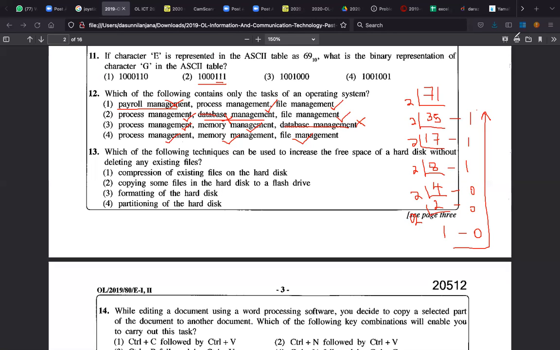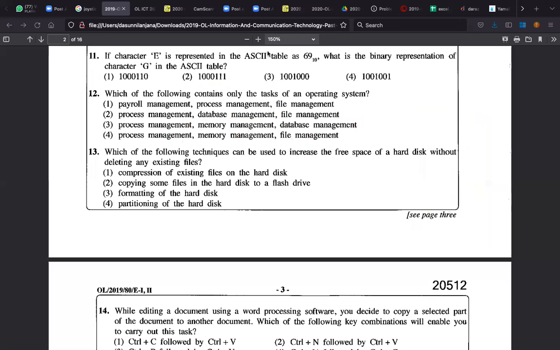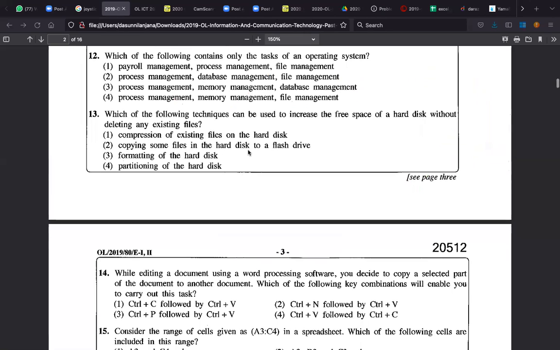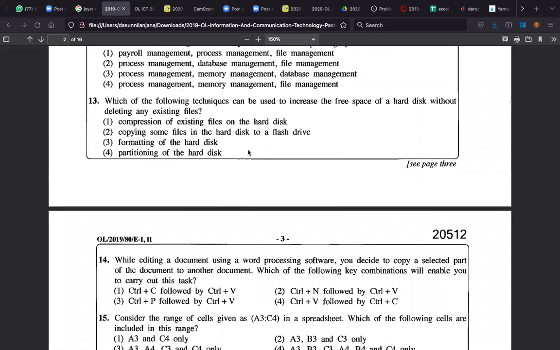Okay, let's go to question number 13. Which of the following techniques can be used to increase the free space of a hard disk without deleting existing files? Compressing, yes, that is correct.